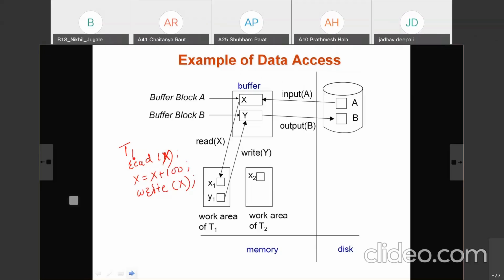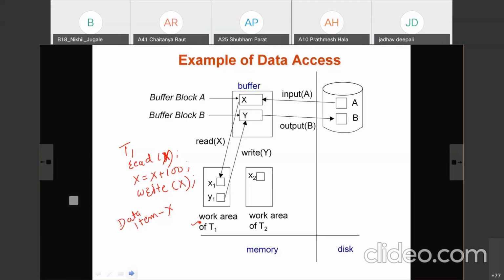Now when this transaction is executed, how does it actually execute in this entire database? The data item that transaction T1 is going to access is X. The transaction starts with its work area and checks whether the data item is available in any block in this buffer.